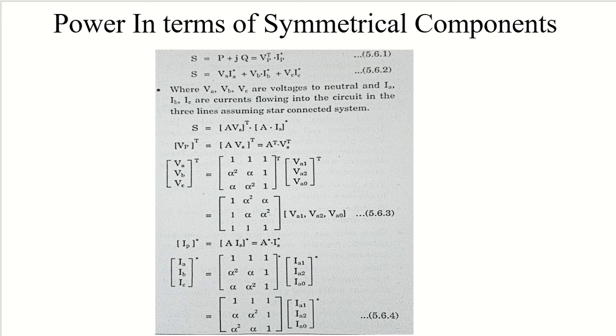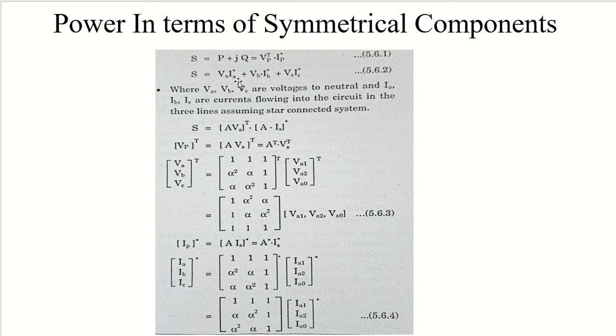Whenever we calculate power for a three-phase circuit, we use symmetrical components, okay? And the total power in a three-phase circuit, and of course I'm talking about the complex power here, you can give it using this formula: S is equal to P plus jQ, or you can say V phase into I phase complex conjugate.